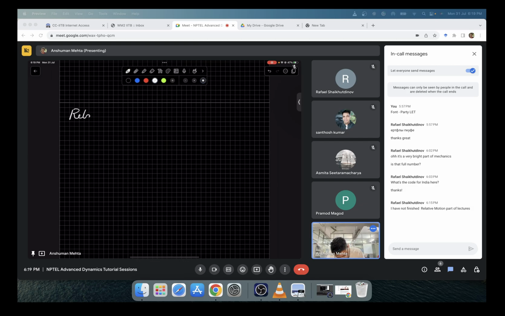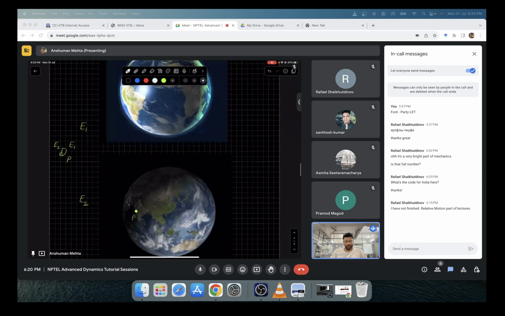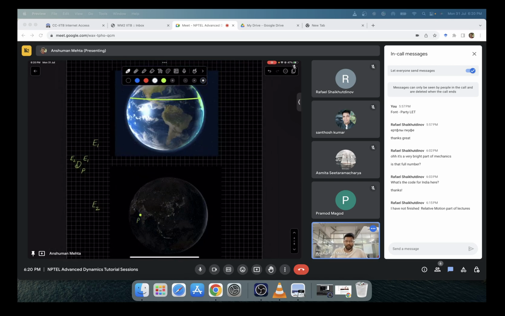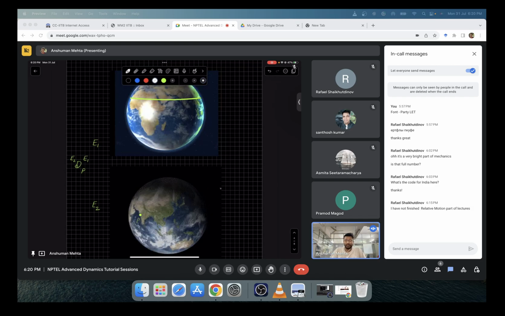Now we'll use the relationship between inertial and non-inertial frames. As I pointed out previously, in this case we don't know what is moving and what is stationary unless we talk about the reference frame first.